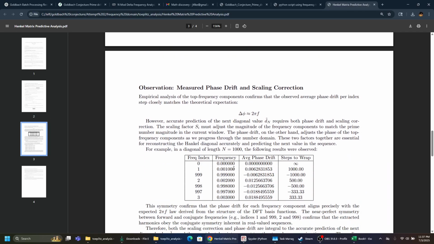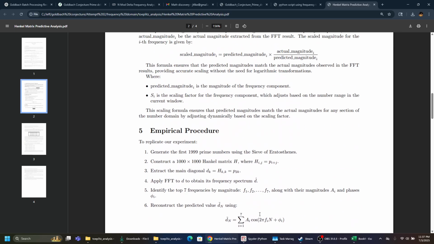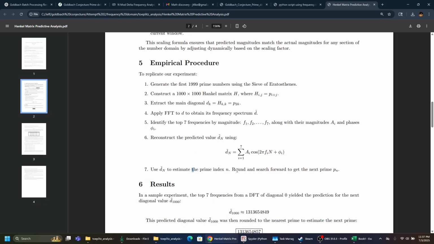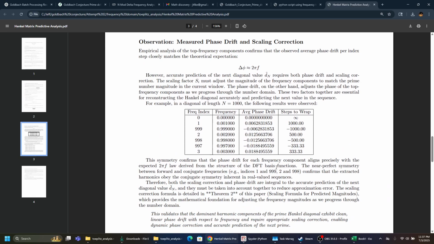Ignore this part. Here's the next observation. You have to scale your magnitude. You also have to deal with phase drift. It's a cosine function, right here, and so the phase shifts. As you go through the number system, the signals remain the same, but the phase shifts.